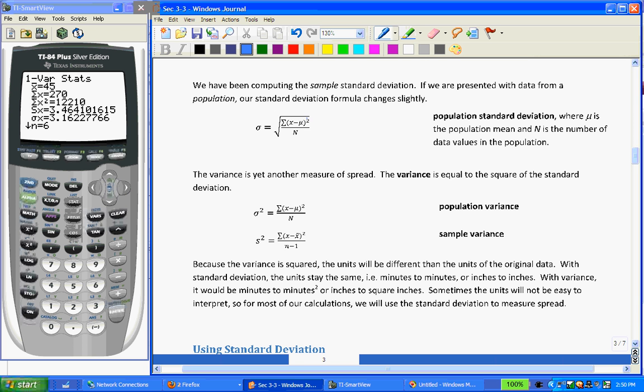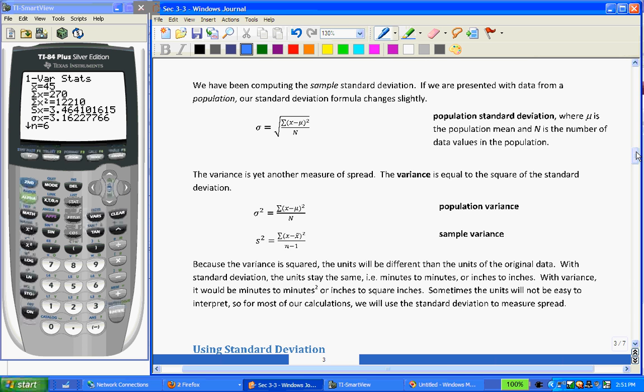We're taking those differences and squaring them, and we're dividing by the capital letter N. In the sample standard deviation, it was N minus 1. And that makes a difference, and that's why the values are very close to each other, but why they're also different. So make sure you pay attention to the problem and make the distinction, whether the data is coming from a sample or whether it's coming from a population.